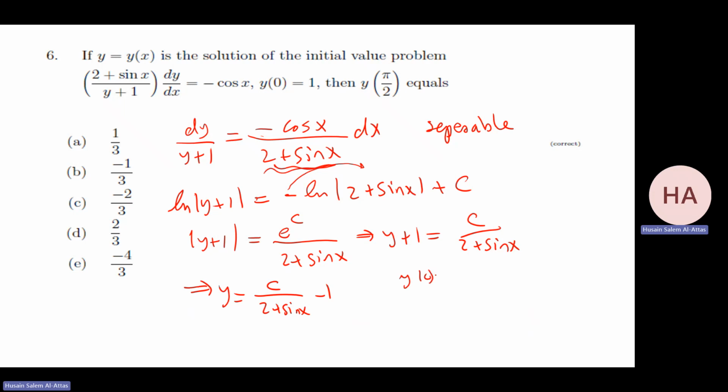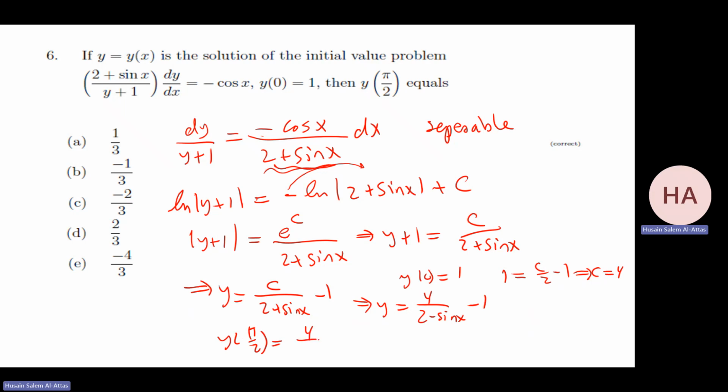I have y at 0 equals 1, so I have 1 equals c over 2 minus 1, correct? Yeah, sin 0 is 0. So c equals 4. So y is 4 over 2 plus sin x minus 1. What I want is y at pi over 2.